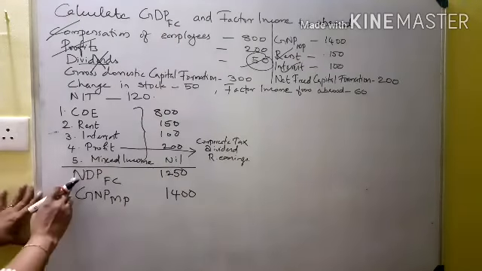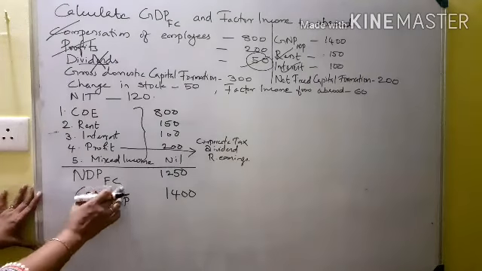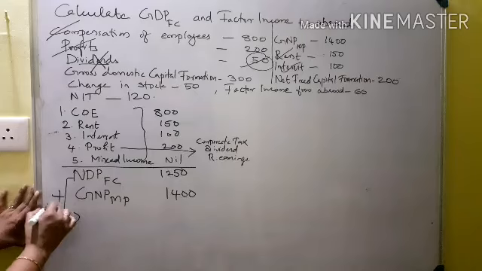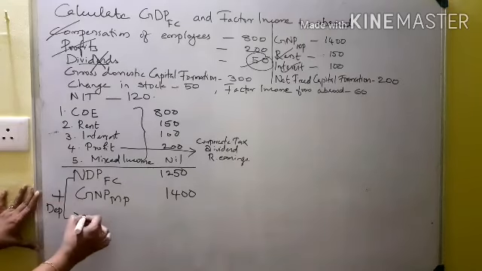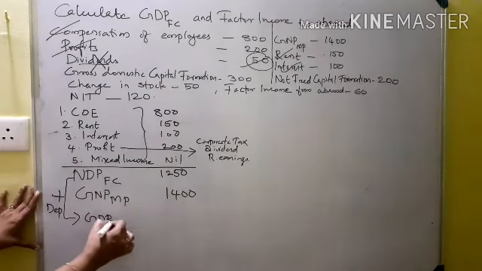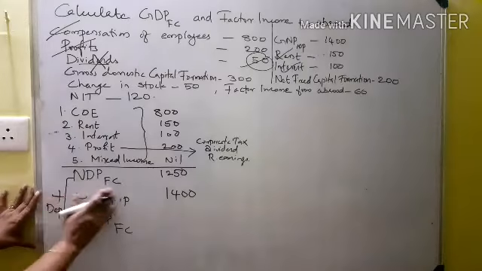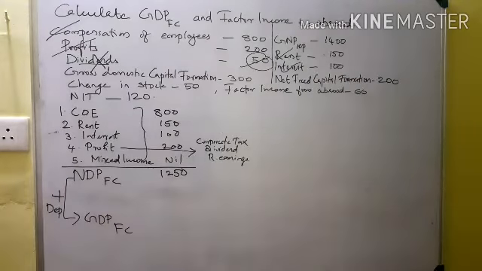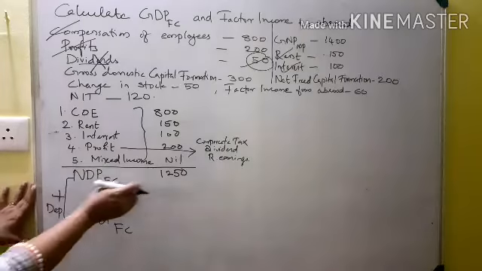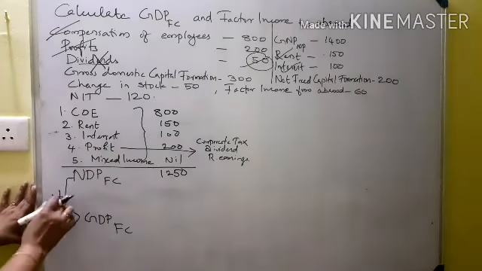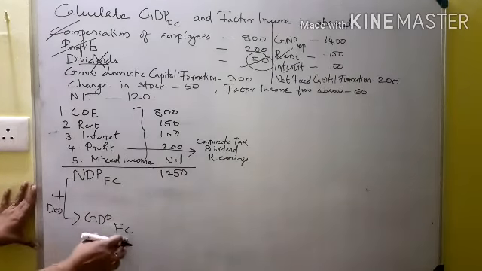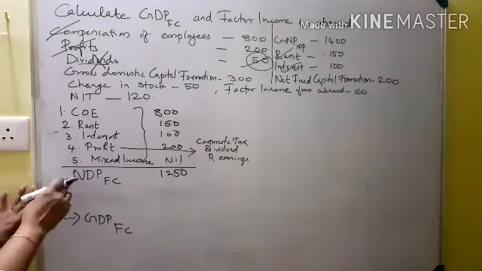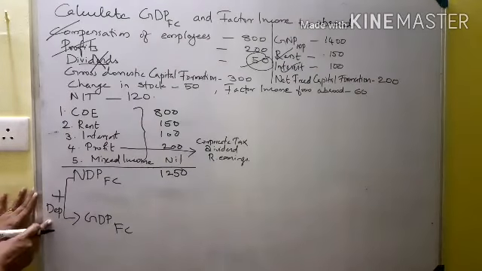So net domestic product at factor cost, NDP FC 1250, plus depreciation is equal to GDP FC. Net to gross means plus depreciation.